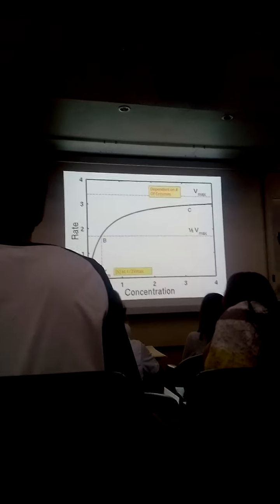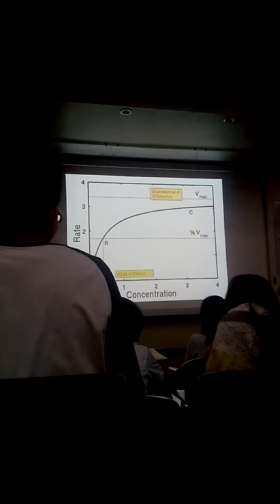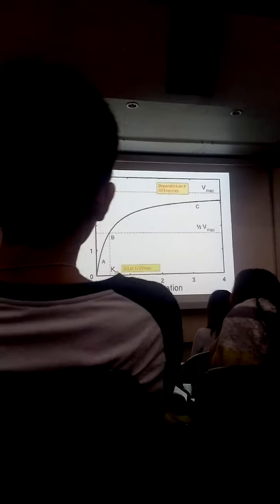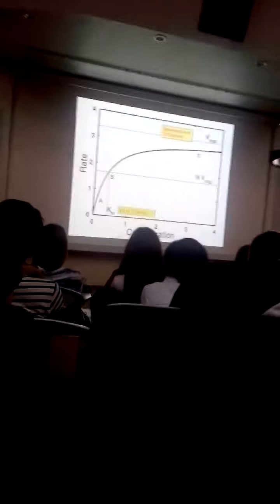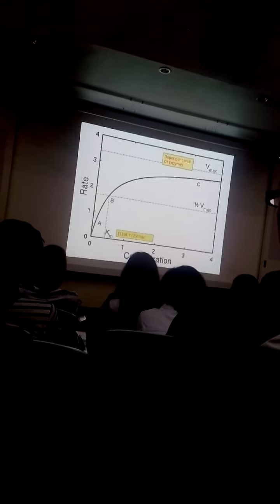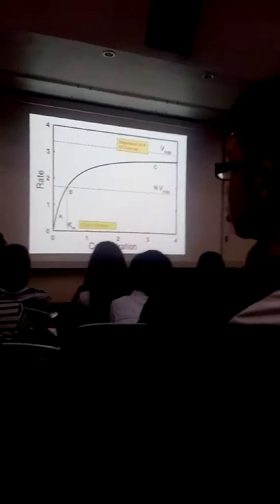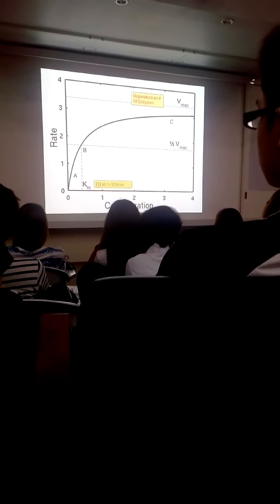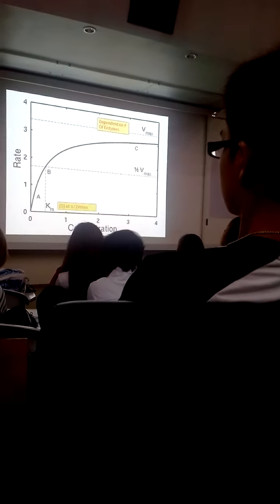So if we look at this plot, if your Km is the substrate concentration at half the Vmax, so increasing your Km would lead to what? What's the relationship to affinity? So increasing Km would lead to decreased affinity.